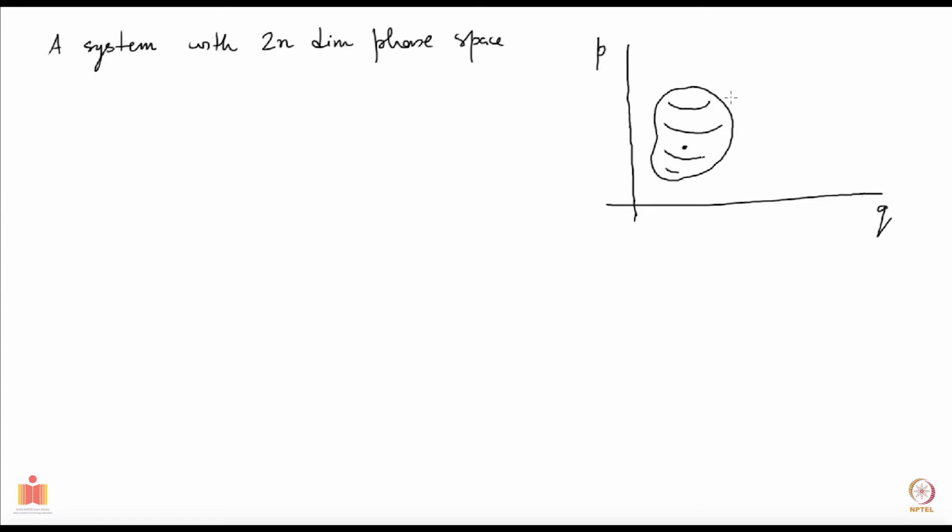What we want to ask is, if I start with some volume here, all these points are going to move in time and go somewhere else. I want to ask how this volume is going to change with time. If I wait for some time, and the initial volume enclosed here was V0, at time t0, what does it become after some time has passed?